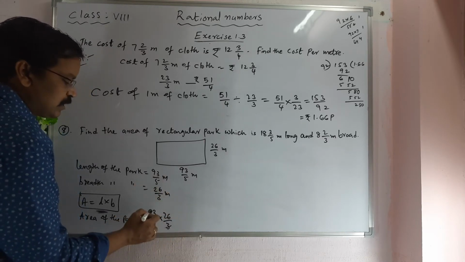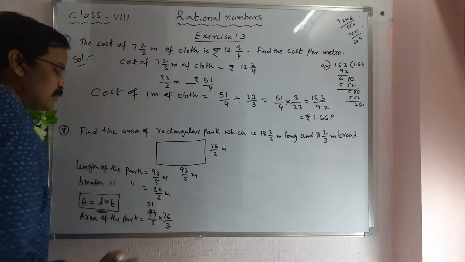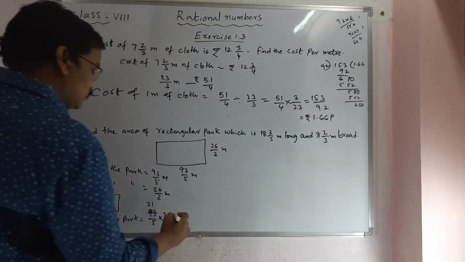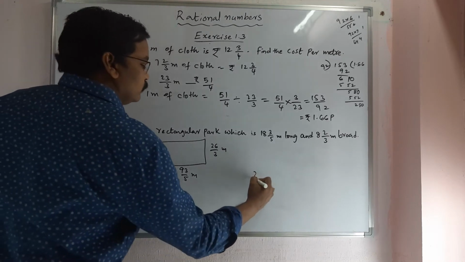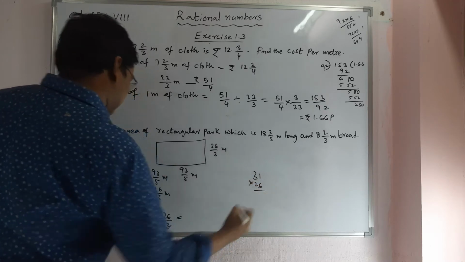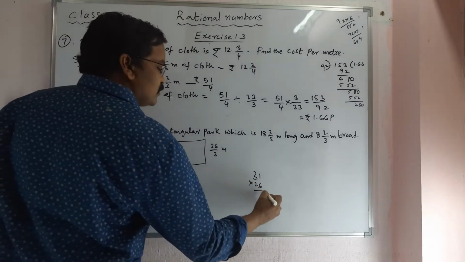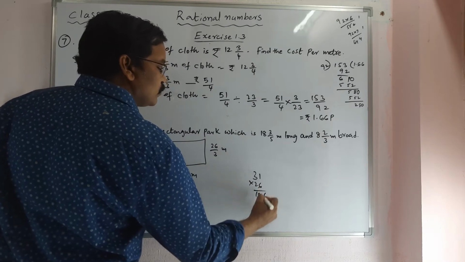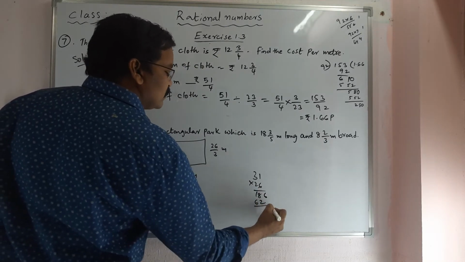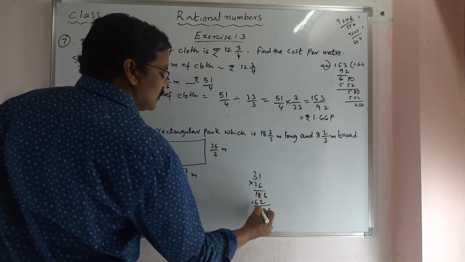So here 3 in 93, 31 times. So this is 31 times 26. 6 1s are 6, 6 3s are 18. 2 1s are 2, 2 3s are 6. 806.